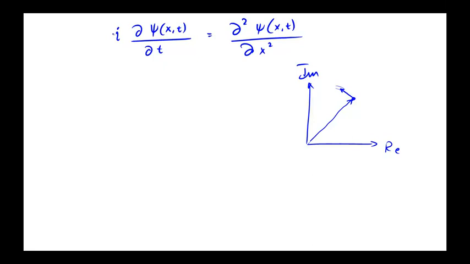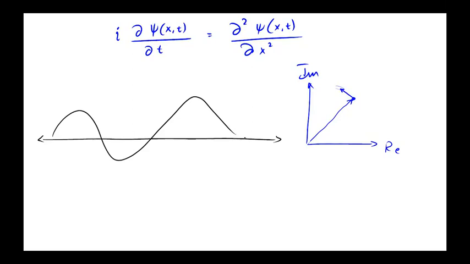Okay, so let's step back and see what this has told us about Schrödinger's equation. What it's telling us is, if you have a free particle on a line, and there's some superposition that describes it, what's happening to this superposition?